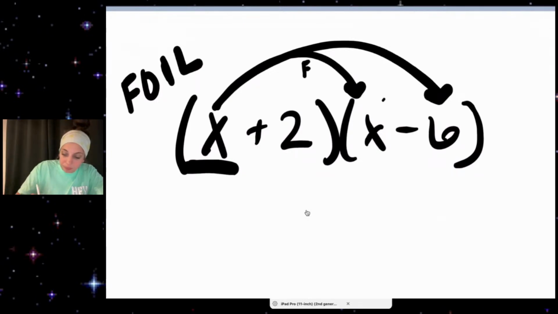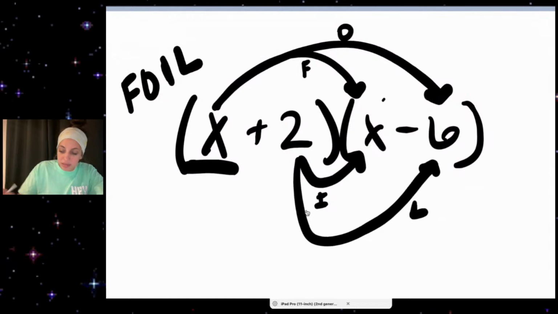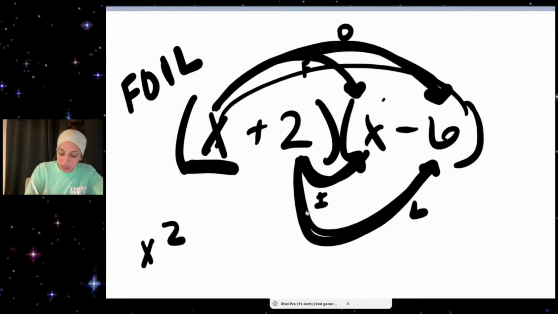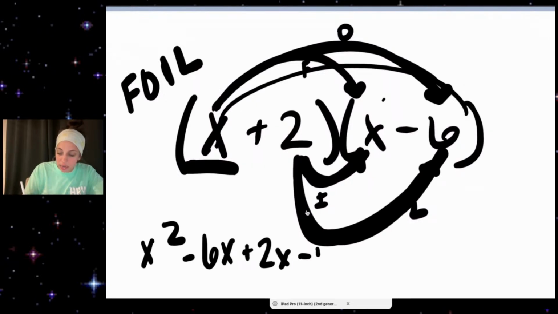First, outer, inner, last. But if I think of it just as the distributive property, I'm distributing the x all the way through, then I'm distributing the 2 all the way through. X times x is x squared. X times negative 6 is negative 6x. 2 times x is 2x. 2 times negative 6 is negative 12.